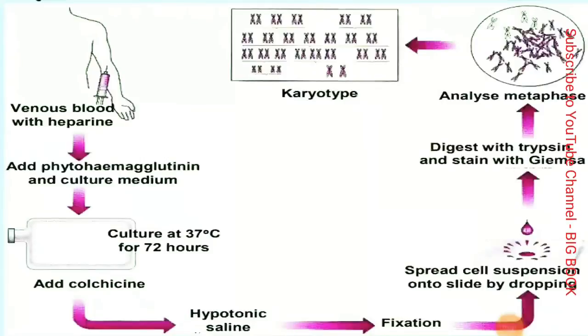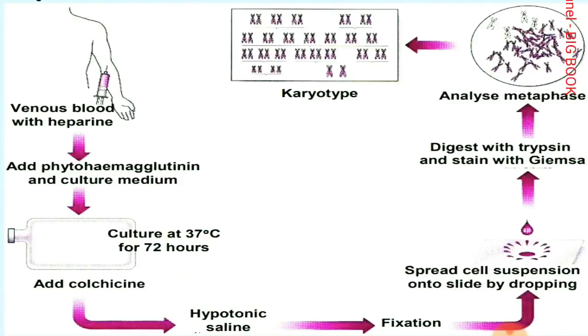From a height, the dropper will be placed and a slide will be placed just below it, at a far distance, so that the drop falls on the slide in such a way that it spreads with force.